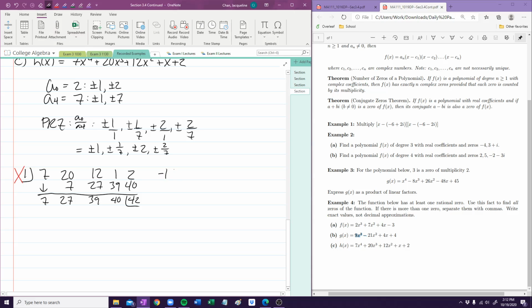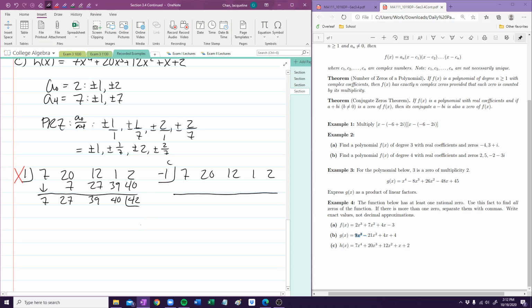Let's try negative 1. Just a reminder, if you don't like synthetic division, you could still use long division. If we know that these are possible rational zeros, so this negative 1, remember that's our c.